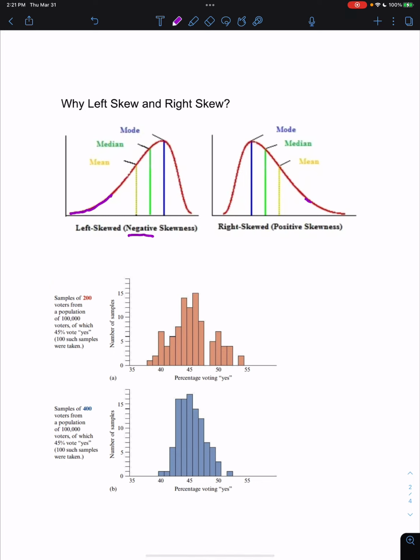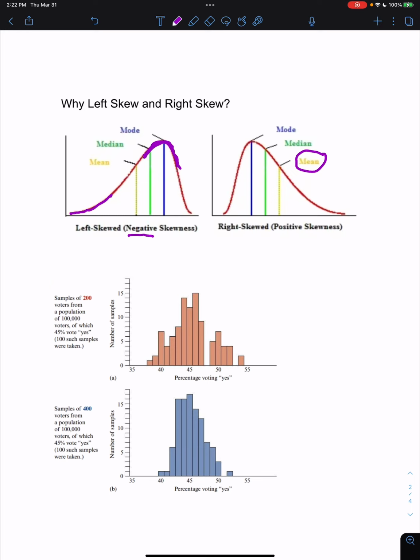Similarly, the right skewed has a tail to the right, and the mean is to the right of the median and the mode in a right skewed graph. But just be careful because you might see a big hump of data collected, or most of the data collected on the left, or I'm sorry, on the right, and you might think right skew.